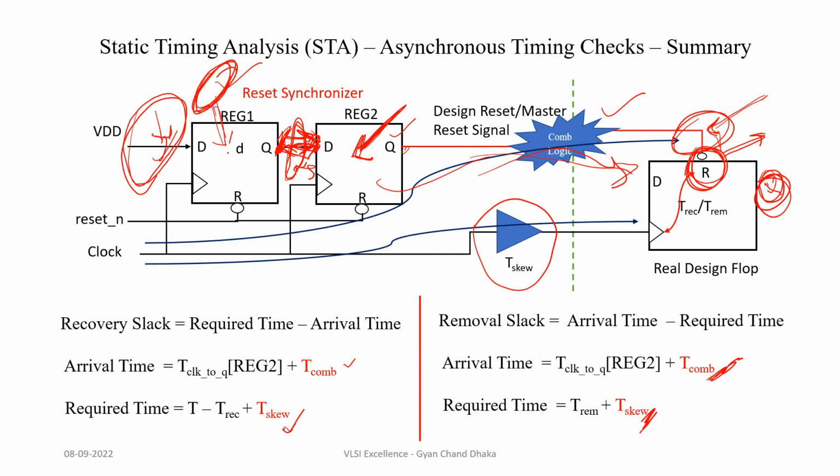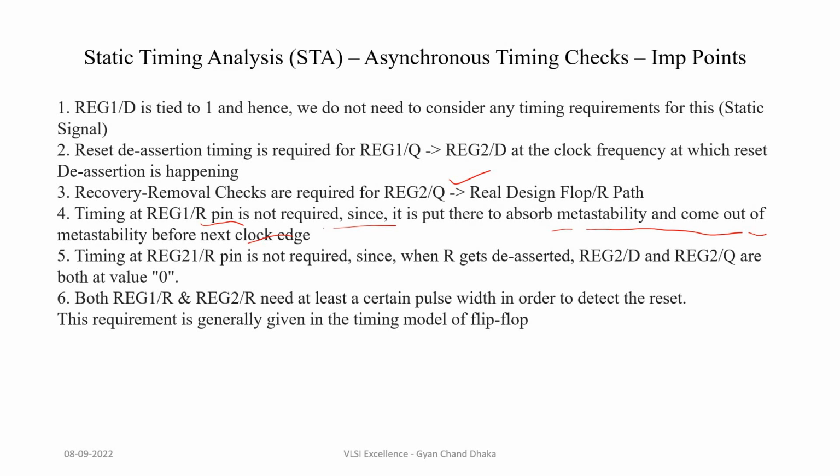So even if this flip-flop goes into the metastability state, it will settle before the next clock edge, and it will never force the next flip-flop into the metastability state. So we do not have to make any timing checks for register 1 as well.